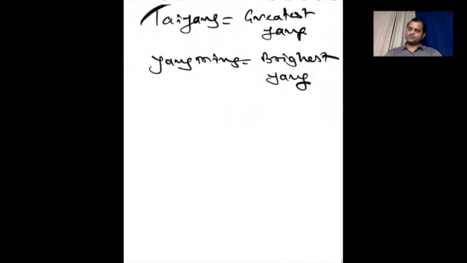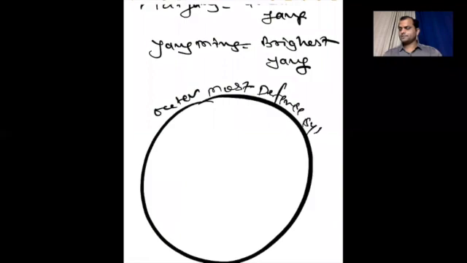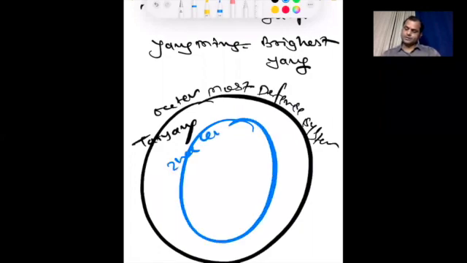So the outermost defense system of the human body is created by Tai Yang. And the second level of defense system is created by Yang Ming.